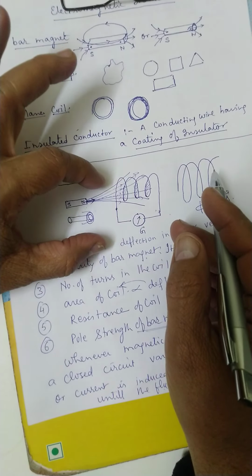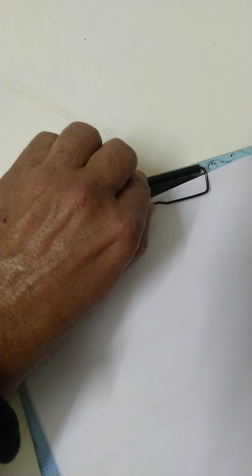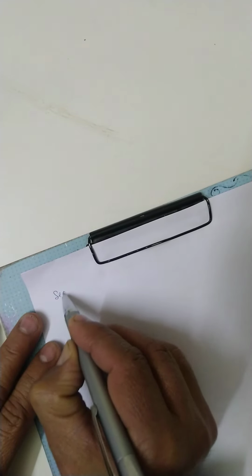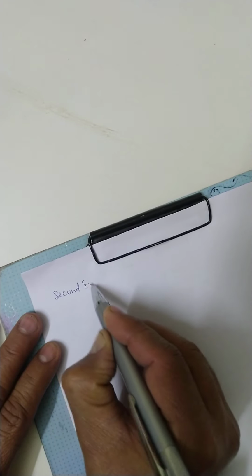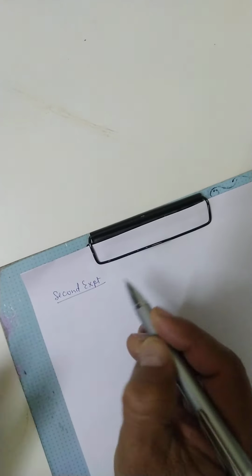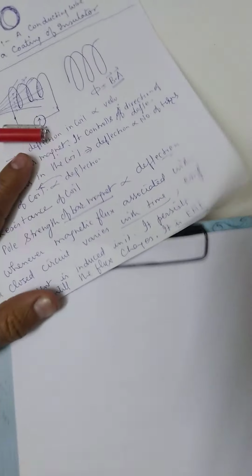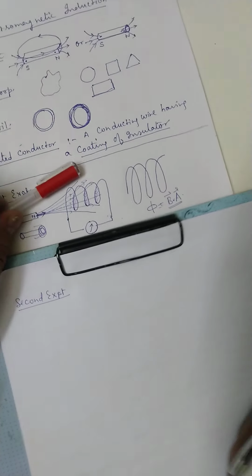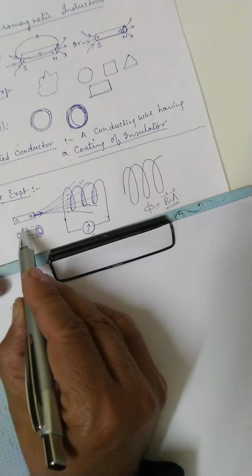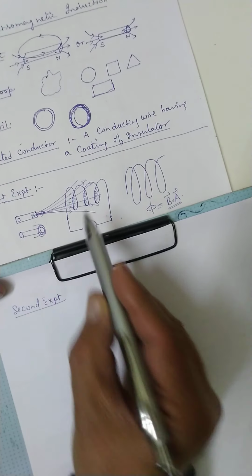Now come to the second point, the second experiment. If you understand the first experiment, there is a magnet and a closed circuit.